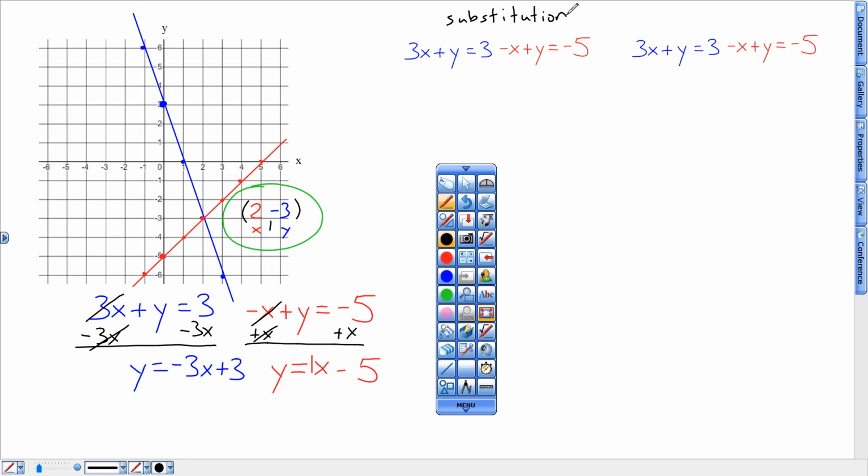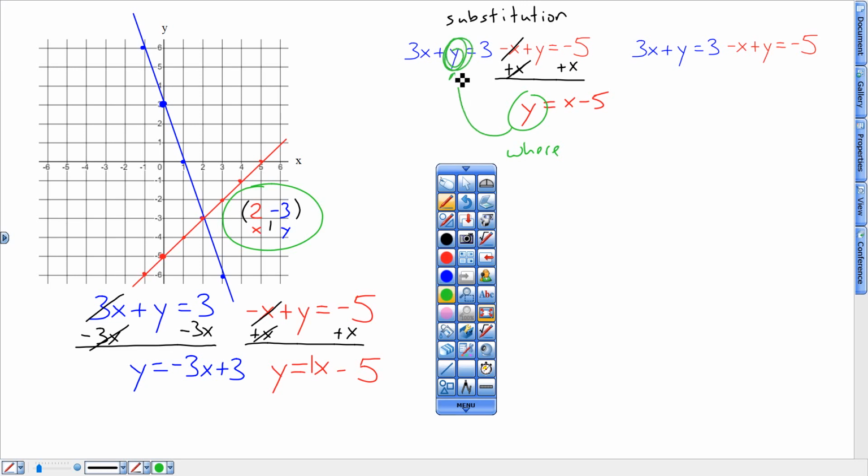I'm just going to take this top equation in red and in one step solve this for y. But again, substitution, you got to isolate one of the variables. Because when you isolate that variable, that y by itself, y equals x minus 5, tells you where in the other equation you're substituting. I'm plugging in right here.